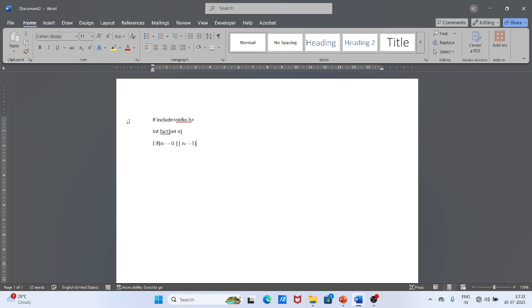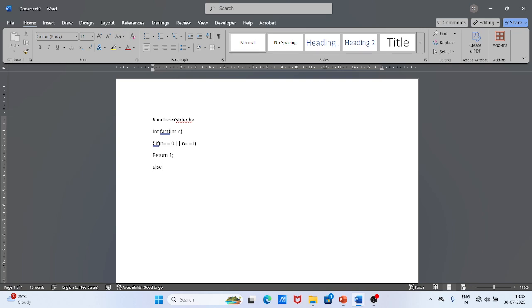In C language, when we write the equal sign, you have to write this double equal sign. Next one is return 1. If the value of n is 0 or 1, then factorial gives the result 1.